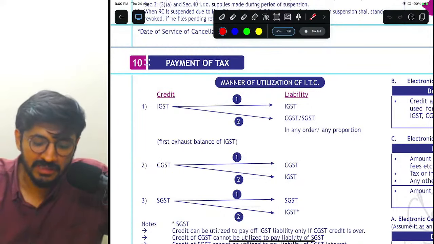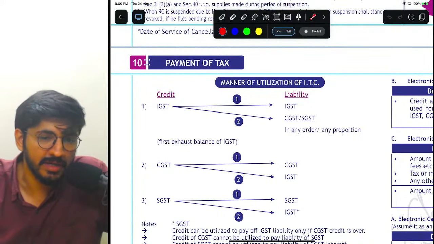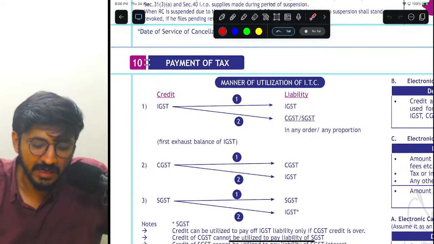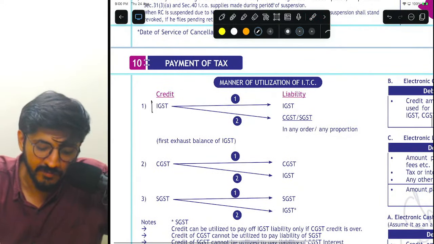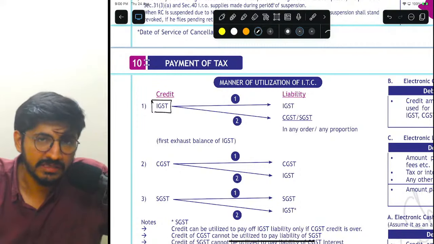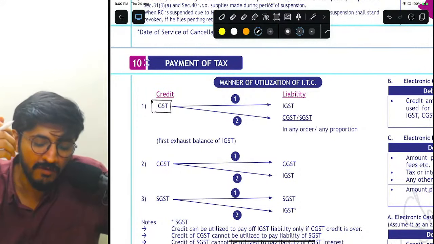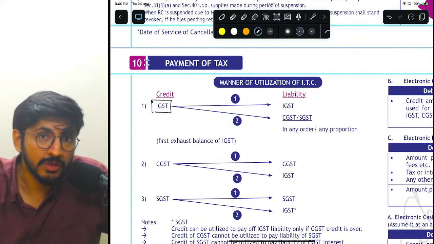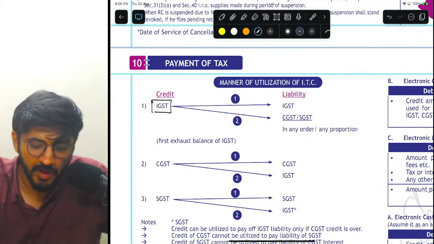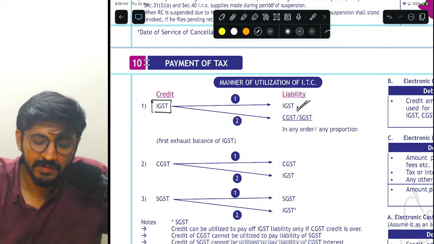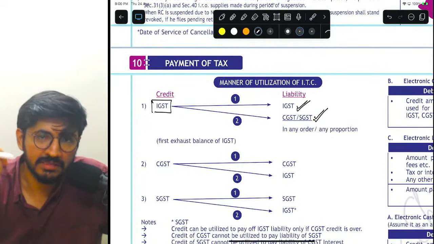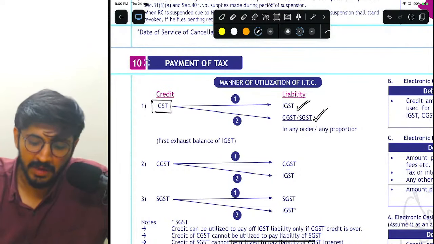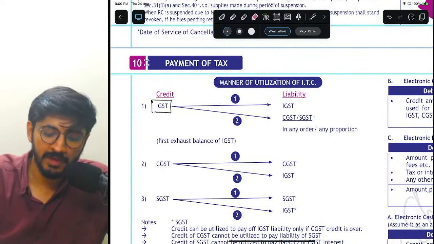When I say manner of utilization of ITC, please try and understand. Let's say you have ITC of IGST. You can use IGST to pay off IGST and also to pay off CGST and SGST. But understand the chronological order.